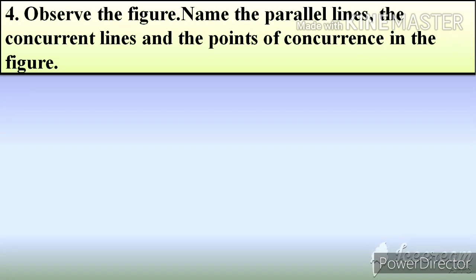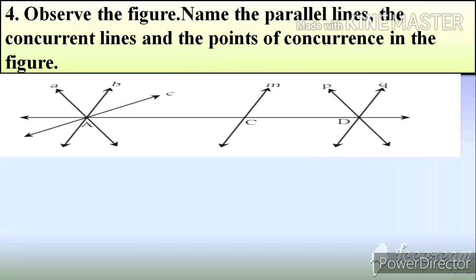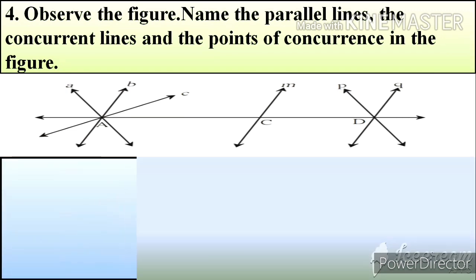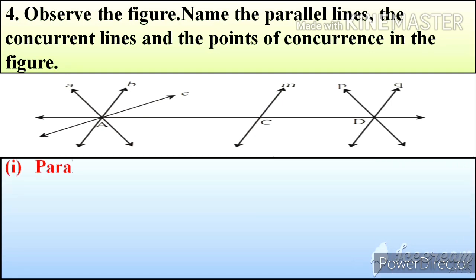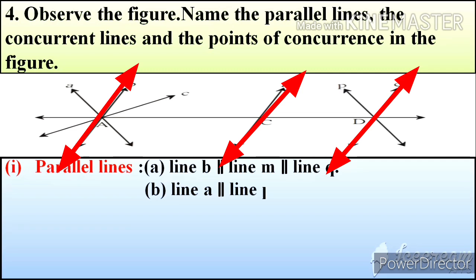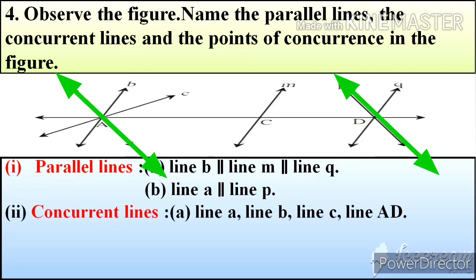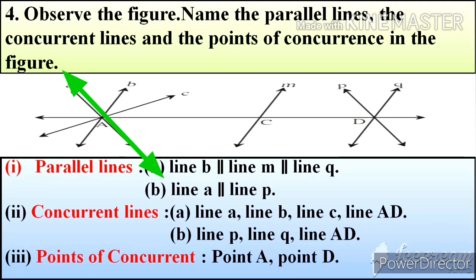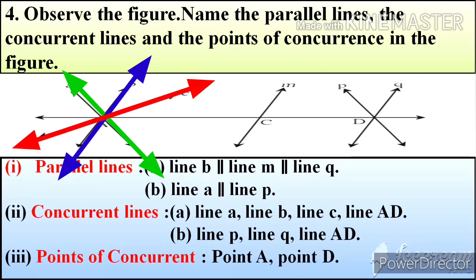Question number 4. Observe the figure. Name the parallel lines, the concurrent lines and the points of concurrence in the figure. As per the given figure, we have to identify the parallel lines first. The first parallel lines are line B parallel to line M, parallel to line Q. Second is line A parallel to line P. Concurrent lines: line A, line B, line C and line AD are the concurrent lines.